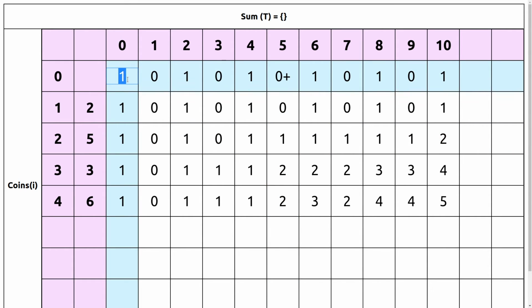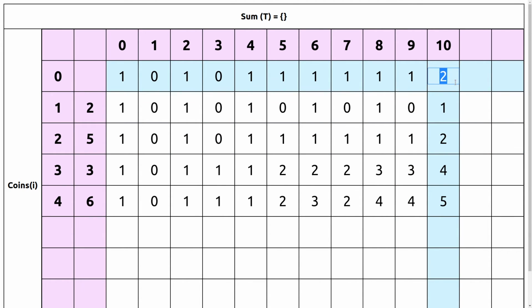We look at the same row but in the reduced sum column, there is a value of 1. So we add 1 to this, so the value becomes 1, and we continue with the same thing until all the values are modified accordingly, and we end up with the same set of values that we would get if we had a table of memory space.